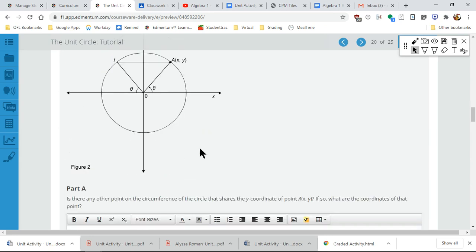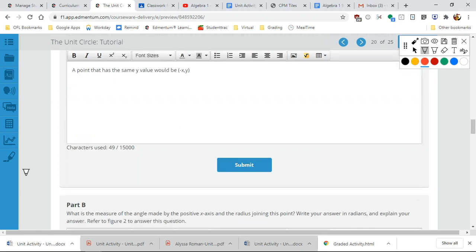What this means is that my horizontal distance from here to there is the same distance as this to here, only it's negative now. That's what it means by negative x comma y.